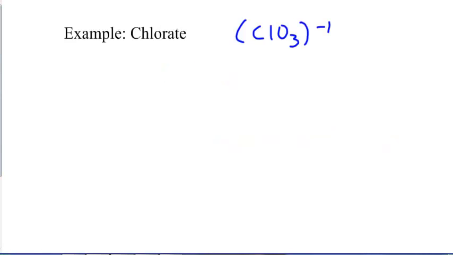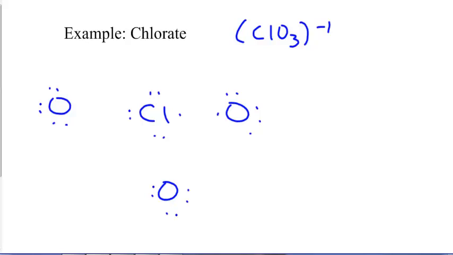How about chlorate? You might want to try it before you watch. Chlorine has 3 oxygens that it needs to bond to. It can bond to 1 because it can only bond 1 time. How will it attach to the others? Coordinate covalent bonding. Which one doesn't have an octet? Well, chlorine does: 1, 2, 3, 4, 5, 6, 7, 8.